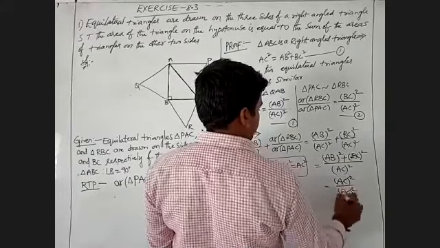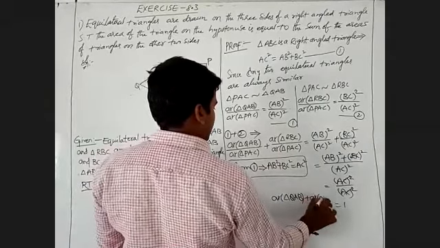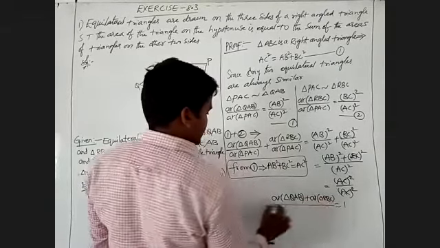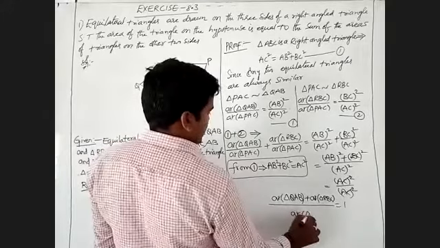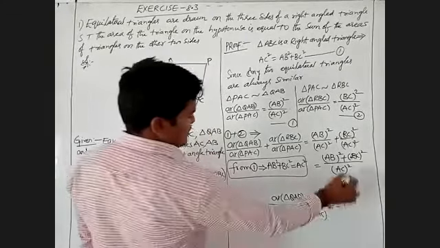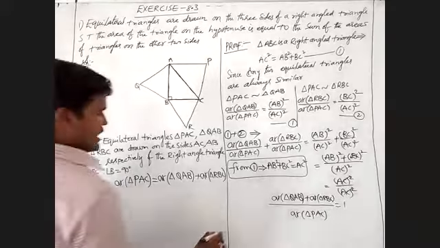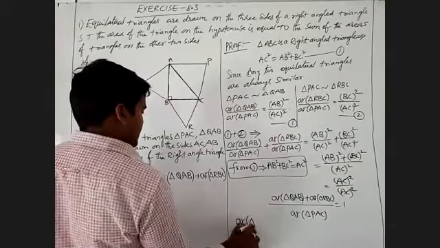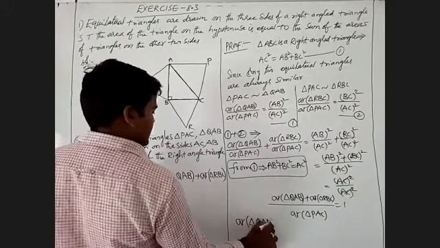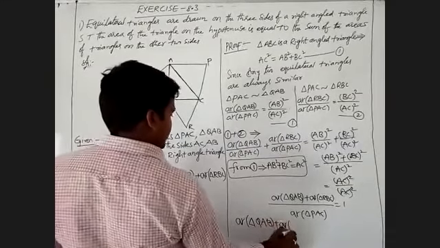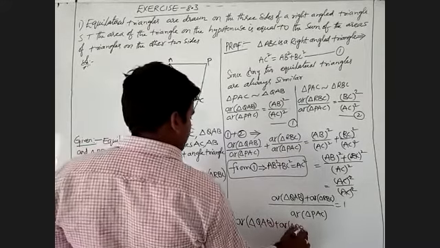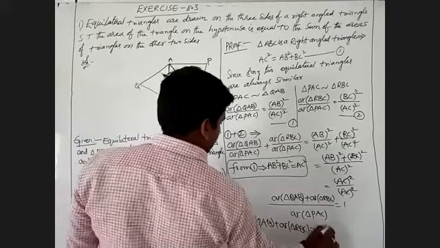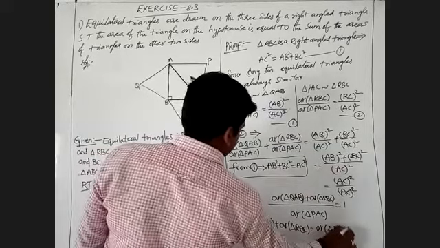This is the value of area of triangle QAB plus area of triangle RBC, both over the denominator area of triangle PAC. First we write area of triangle QAB plus area of triangle RBC is equal to area of triangle PAC.